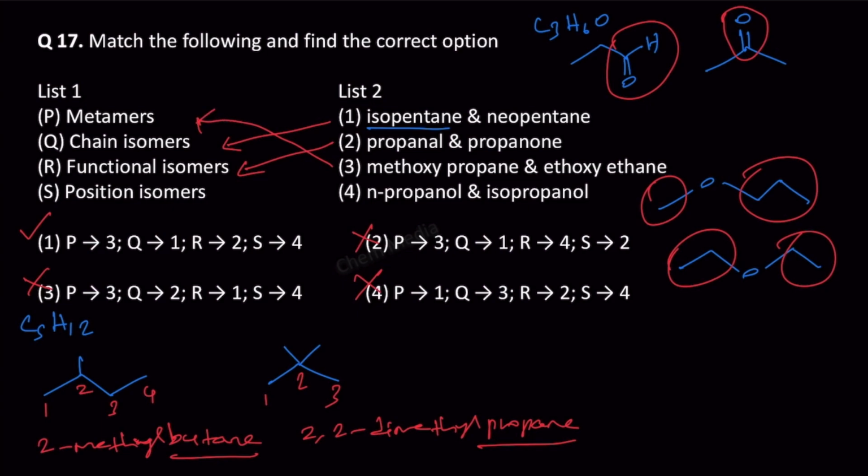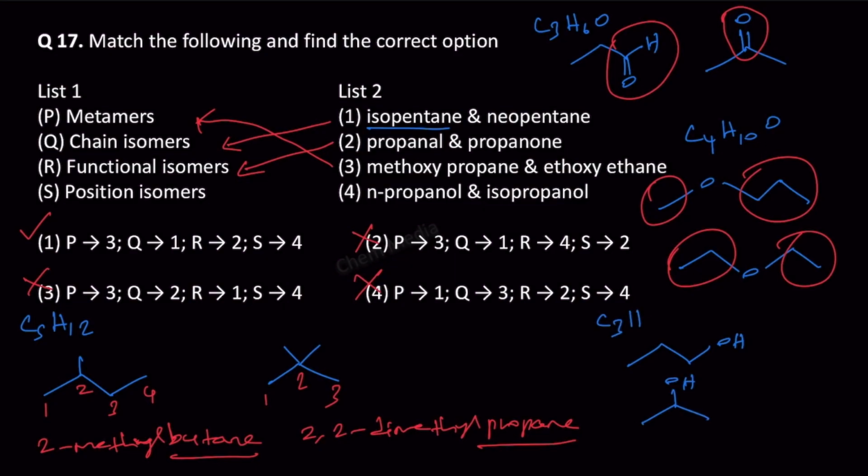Molecular formula in this case is C4H10O, and then for 4 it is given as n-propanol and isopropanol. n-Propanol is CH3, CH2, CH2OH, and then isopropanol is CH3, CHOH and then CH3.